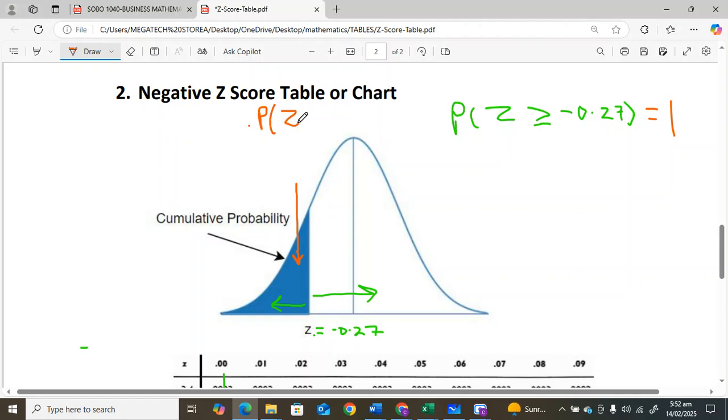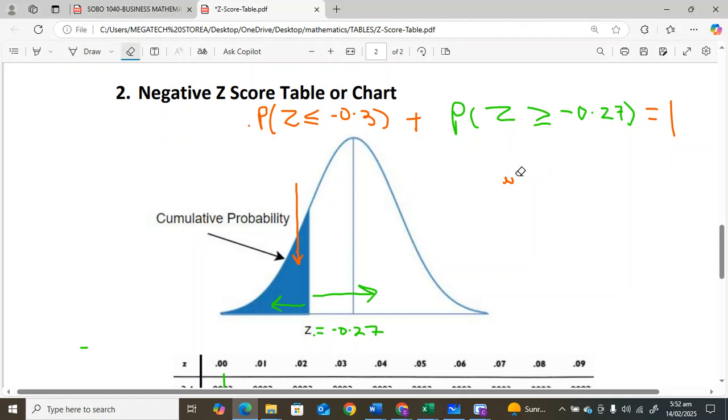Less than or equal to negative 0.27. Then the area in white. Remember, colleagues, less than plus greater than equals 1. The blue area plus the white area equals 1.